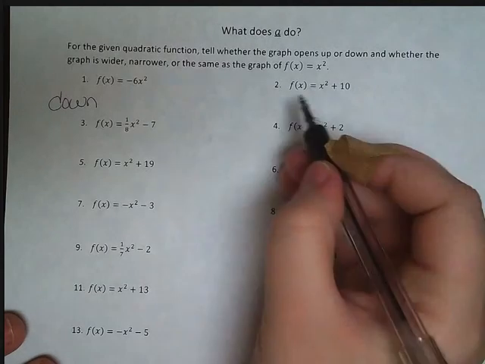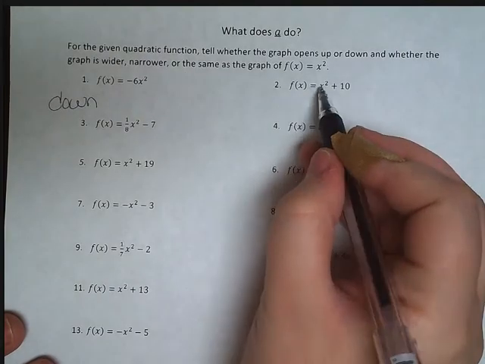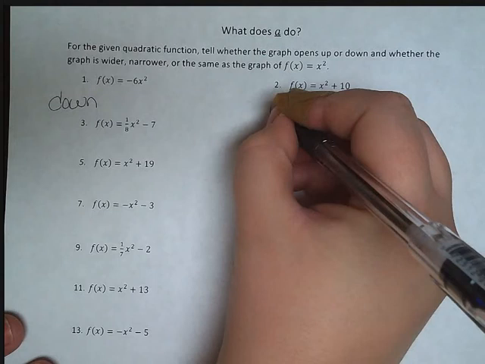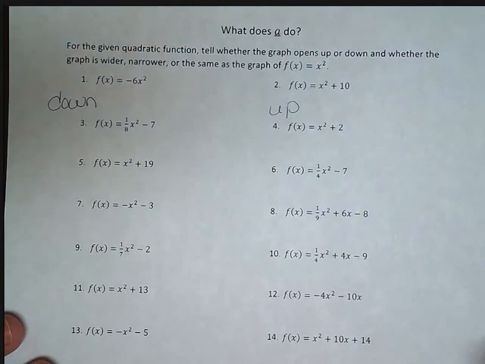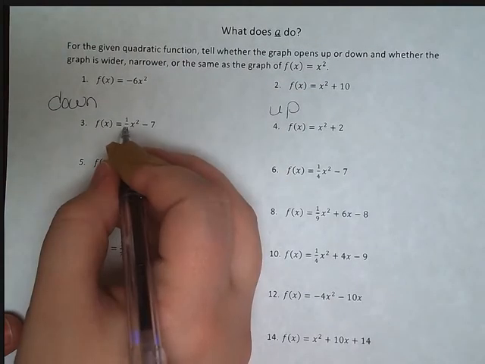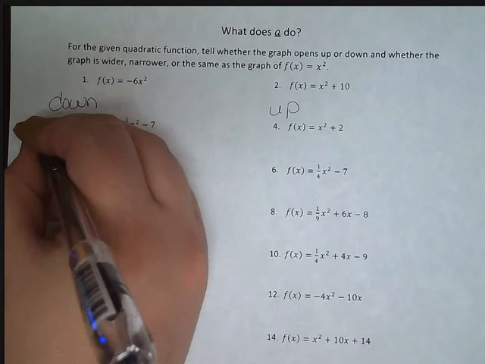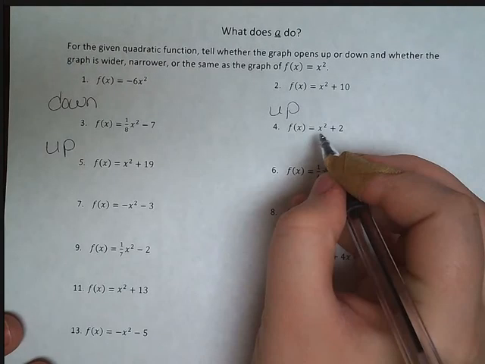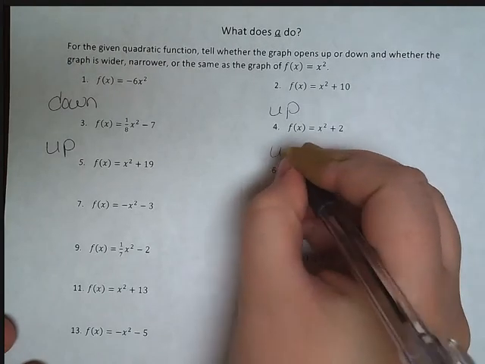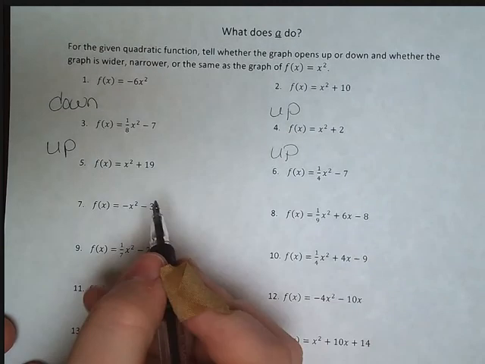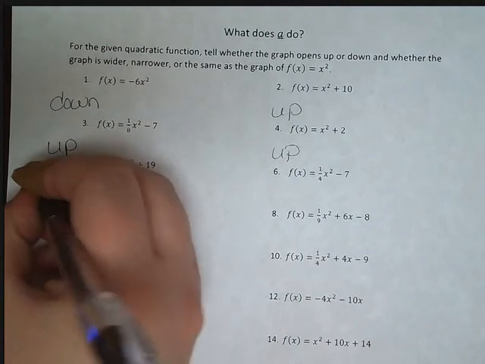For number 2, A is a positive, so it's going to be facing up. 3 is a positive, so up. 4 is a positive, so it will be up. 5 is positive, so it would be up.